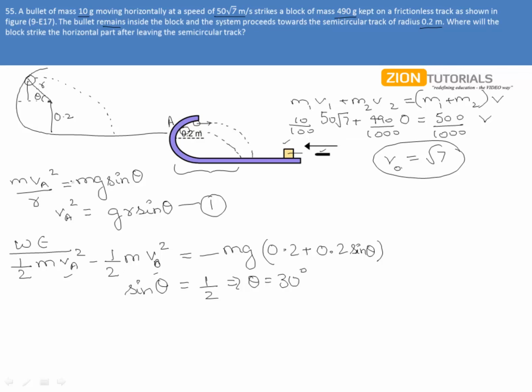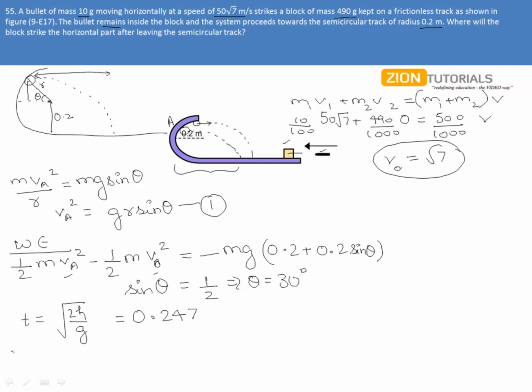Now let me first find out the time period of this fall, that is, the time it takes to come to the ground level. That time comes out to be under root 2h by g, which comes out to be 0.247 seconds. And what will be the distance? I'm counting the distance from this part only, that is the horizontal distance, this one.